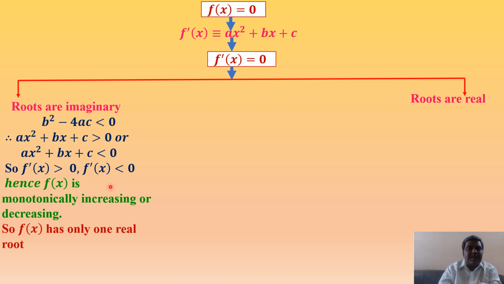That means correspondingly only one real normal can be drawn from the given point to the parabola. The remaining two may be imaginary. There exists only one real normal. Here the real roots do not exist for f dash x, but for my cubic equation there is one real root, and that is why you can draw one real normal.